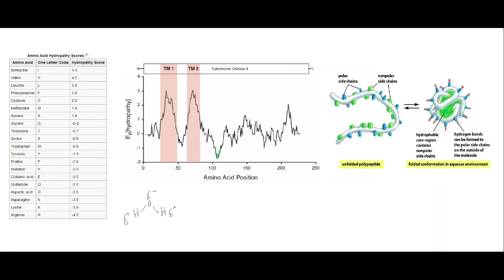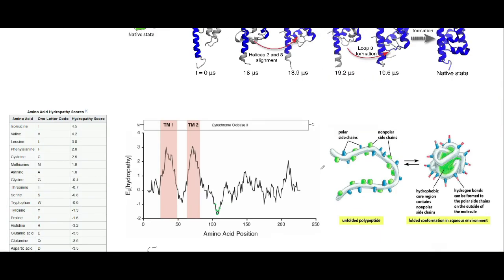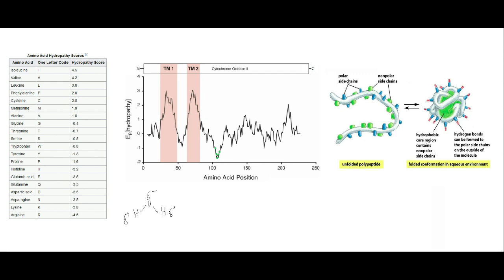So if we think of this as our polypeptide, our chain, and we have various different polar and non-polar side chains, then what's going to happen is in solution the polar side chains are going to want to face outward into the solution of water, because then we can form these hydrogen bonds and so forth with our side chains.